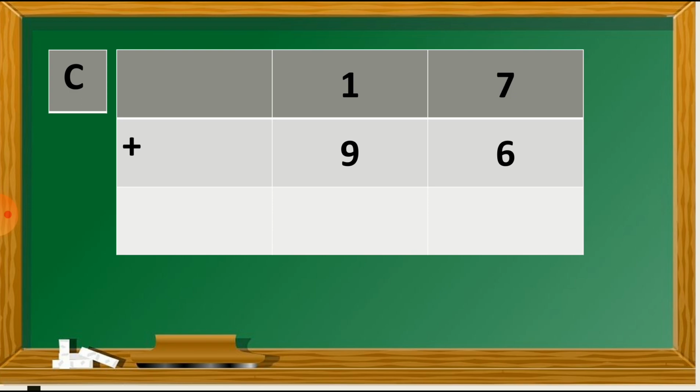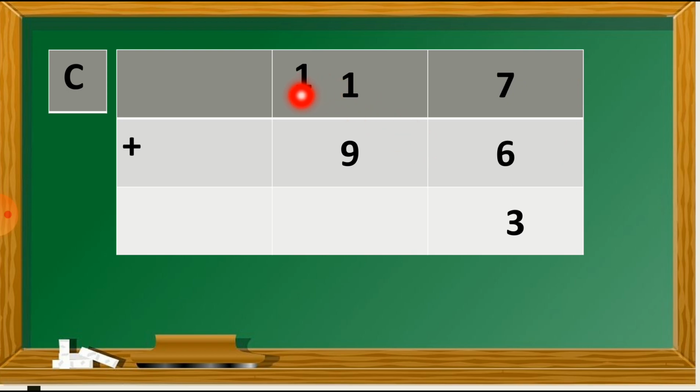Let's see the next one, which is number C. Here is the ones column, which is 7 plus 6. So 7 plus 6 is equal to 13. So write down 3 under the ones column, and the other 1 will move to the tens column as a carry forward number. So let's write 1 as a carry forward number. Let's add the tens column now.